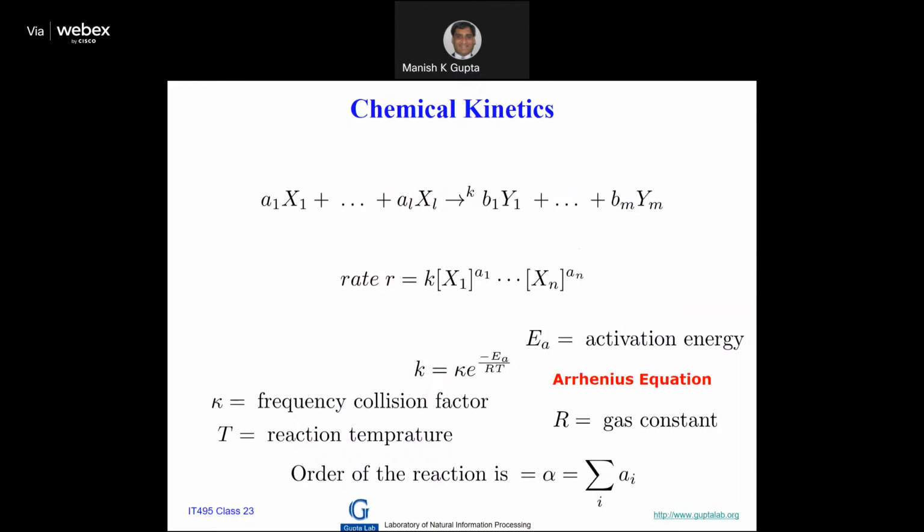Unimolecular, where one molecule disintegrates into certain other molecules, or bimolecular, like 2 combining to give 3. All others you can build from these. So in general, suppose we have L ingredients and M outputs, and there is some rate of reaction. We know the rate formula, you might be remembering this: k times. But did you ever ask your JEE coaching people how to get this formula? What is the reason? No.